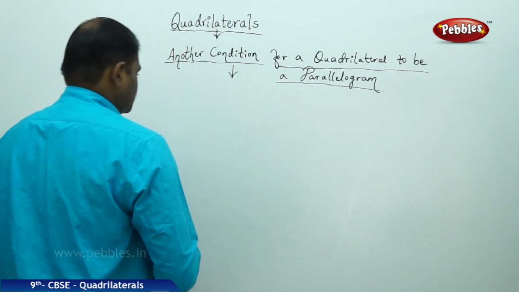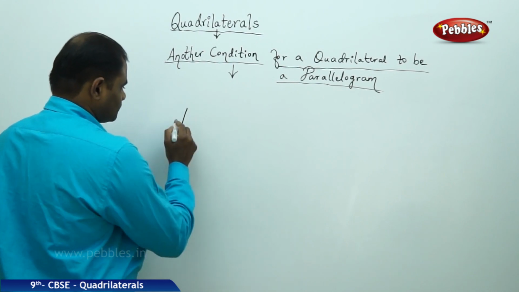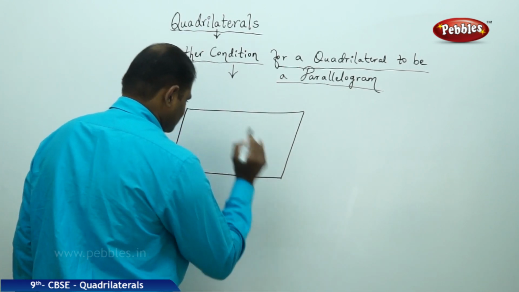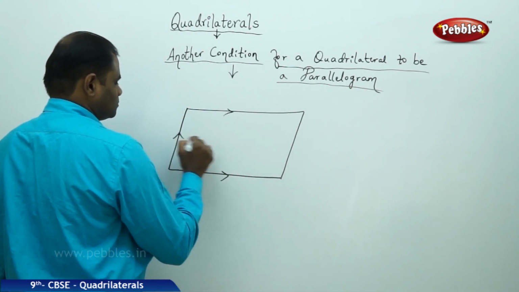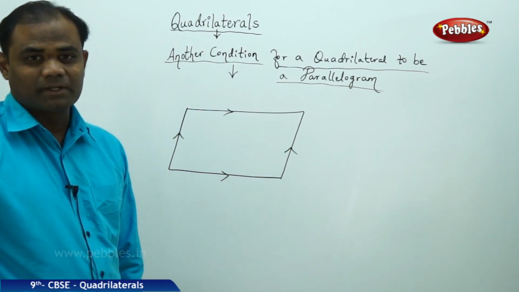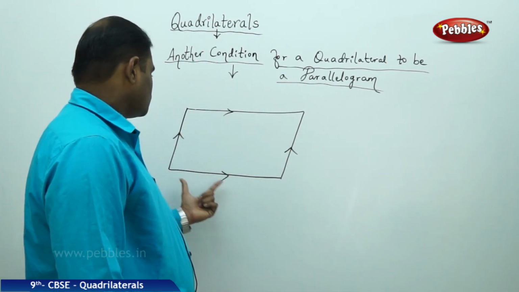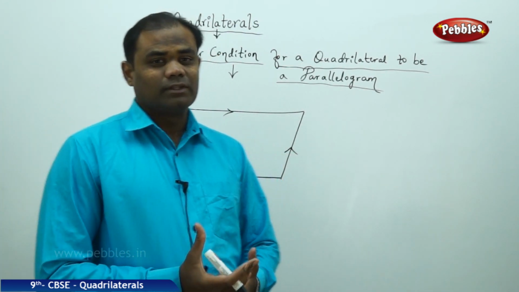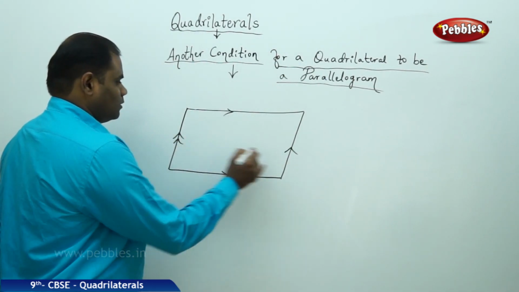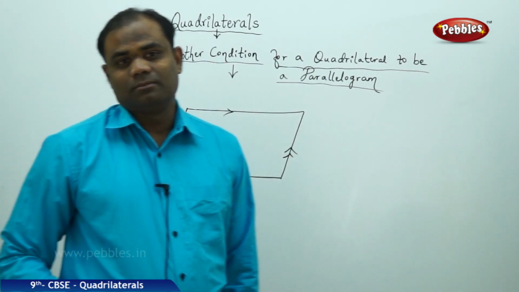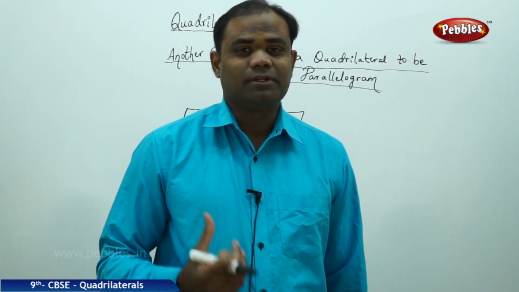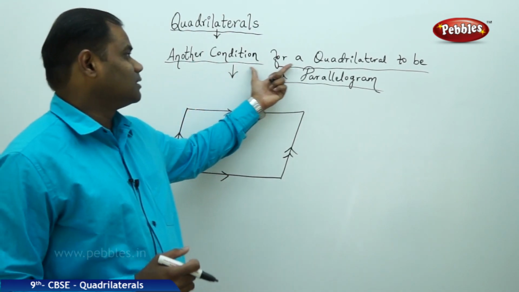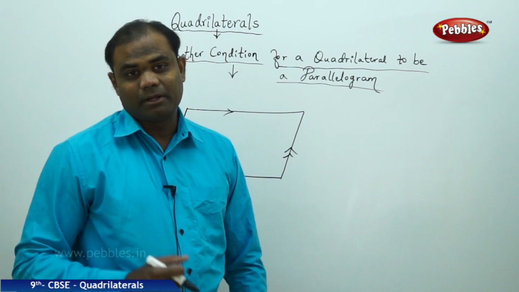So coming out with the definition, when the opposite sides are parallel, is how we have taken line 1, line 2, line 3 and line 4 arranged in such a manner that it forms a closed region with its opposite sides being equal is said to be a parallelogram. Now we will try to change the definition into a more modified form. Let's see the definition, which stands for another condition for a quadrilateral to be a parallelogram.